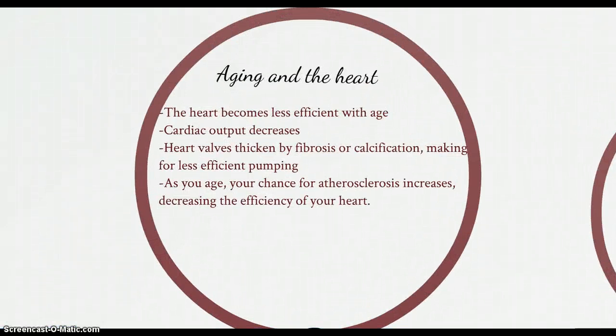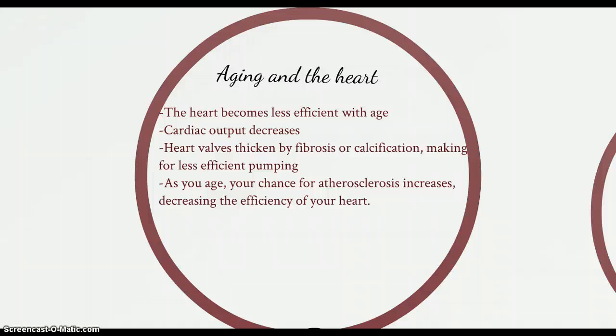So let's talk about how aging affects the heart. The heart becomes less efficient with age. So what happens is cardiac output decreases because your heart rate decreases as you age. And heart valves thicken by something called fibrosis, which is basically a thickening of connective tissue, or calcification, which is calcium depositing. And that will make it harder for your heart to pump blood through the valve, and that makes your heart less efficient.